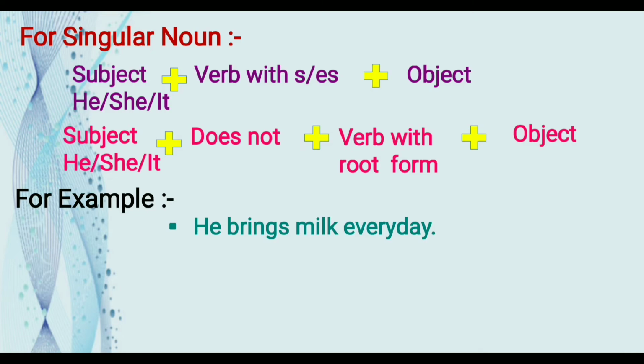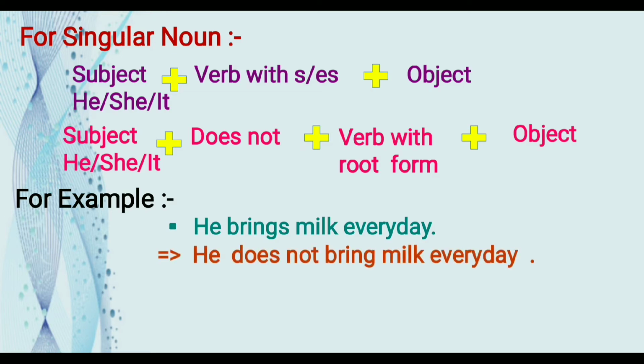So he does not. Then what is the root form of brings? We remove s from brings and write the main form of the verb, bring. He does not bring milk every day will be the answer. Understand? This is how you make this type of sentence negative.